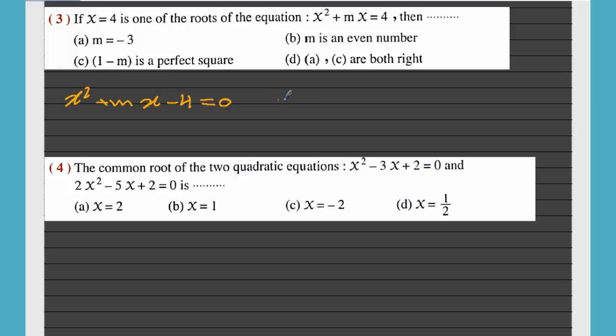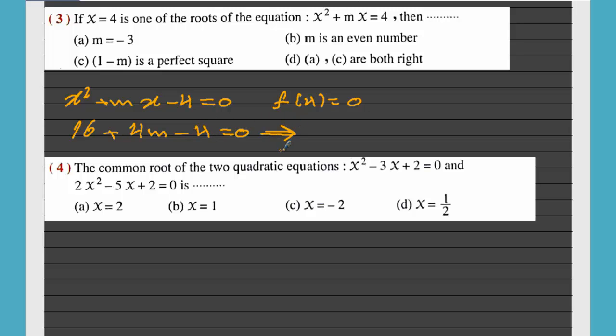It means directly f of 4 equals 0. So we substitute x equals 4. What do we get? 4 squared is 16, plus 4 multiply m, it is 4m, minus 4 equals 0.